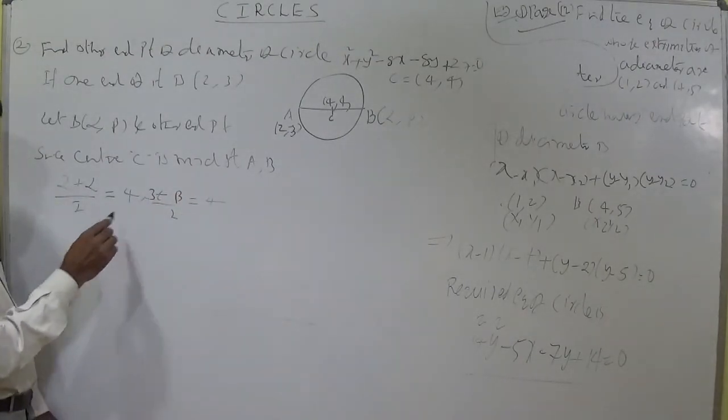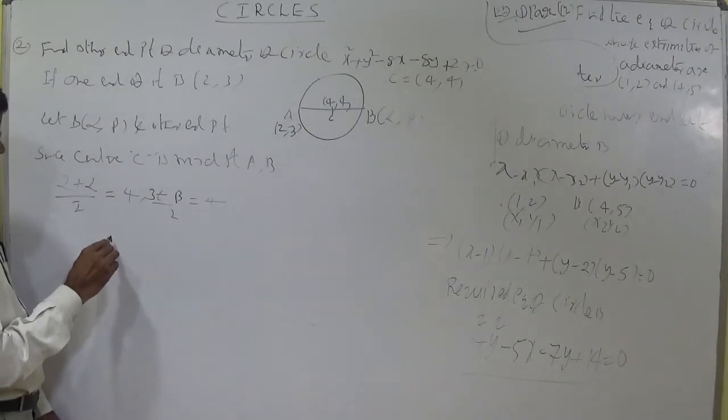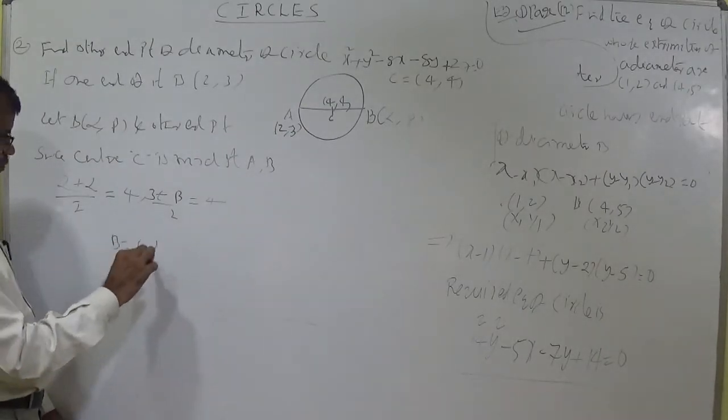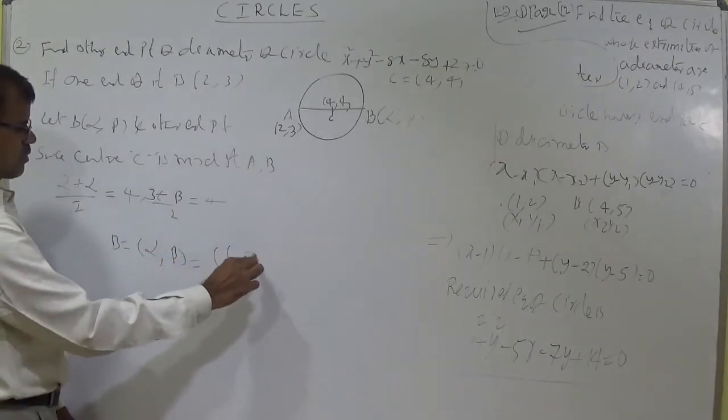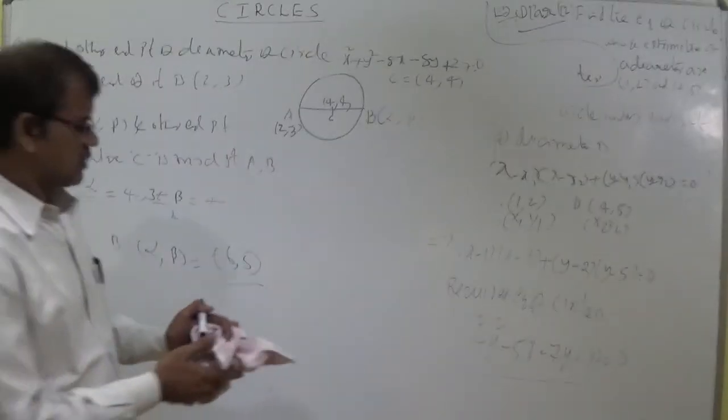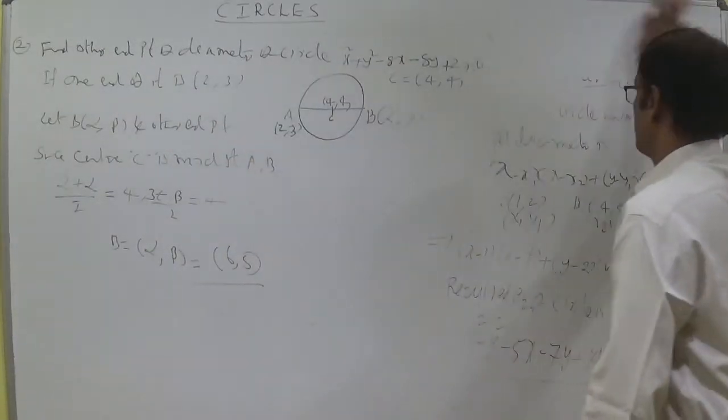By taking cross multiplication you can get the value directly. B (alpha, beta) is equal to (6, 5). That's all. This is the other end point.